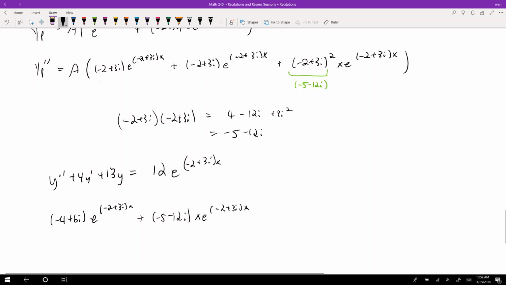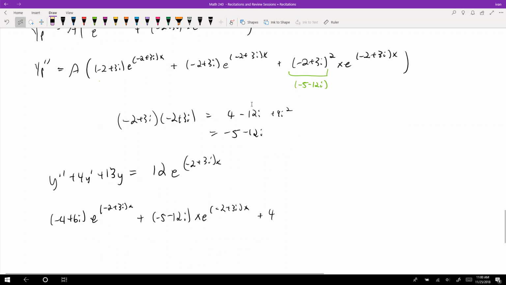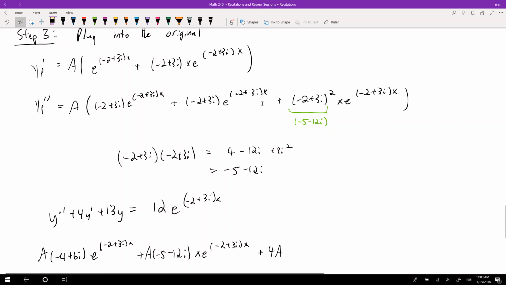And then what else? Then you have to add 4 times yp prime, which is up there. Oh, and of course there's an A on all of this, so this is really A, this is A, and this is 4A, e to the negative 2 plus 3ix, plus A times negative 8 plus 12ix e to the negative 2 plus 3ix.